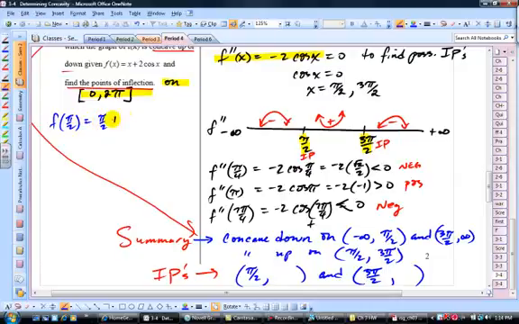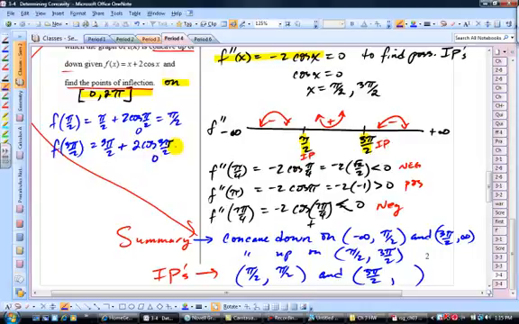We get pi halves plus 2 times cosine of pi halves. This becomes 0 here, 2 times 0 is 0, giving you pi halves. So this is the point pi halves comma pi halves. And then f of 3 pi halves would be 3 pi halves plus 2 times cosine of 3 pi halves.